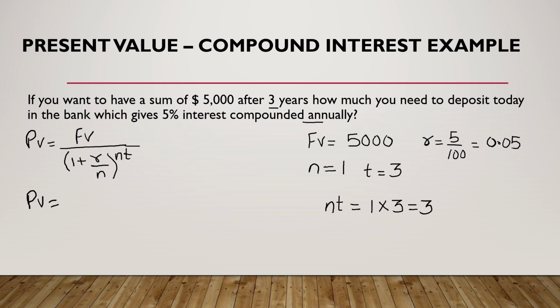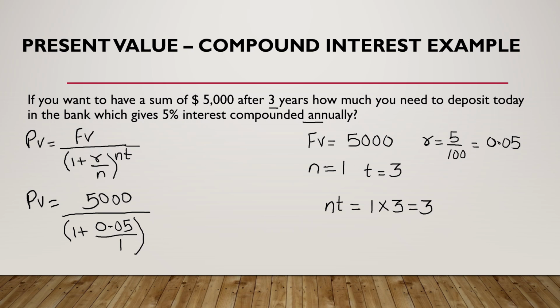So present value is equal to, what is my future value? 5,000, divided by bracket 1 plus rate of interest, my rate of interest is 0.05, divided by n, which is 1, bracket close.